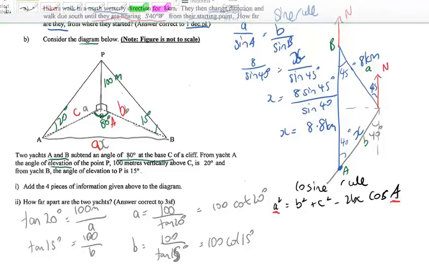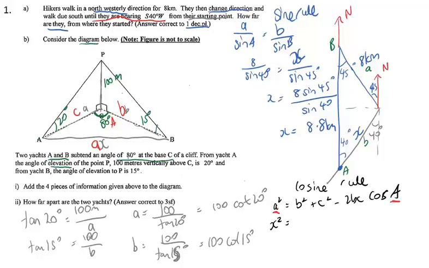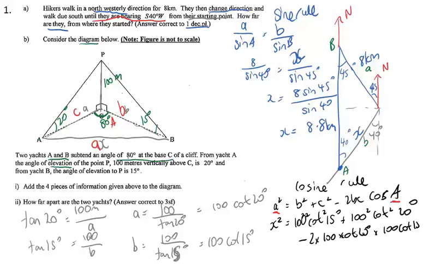So substituting in, A squared, which is X squared, is equal to B squared here. So here it's going to be 100 squared cot squared 15 degrees plus our C squared, which is this A here, 100 squared cot squared 20 degrees, minus 2 times B times C, 2 times 100 cot 20 degrees times 100 cot 15 degrees, multiplied by our cosine of A, which is 80 degrees.